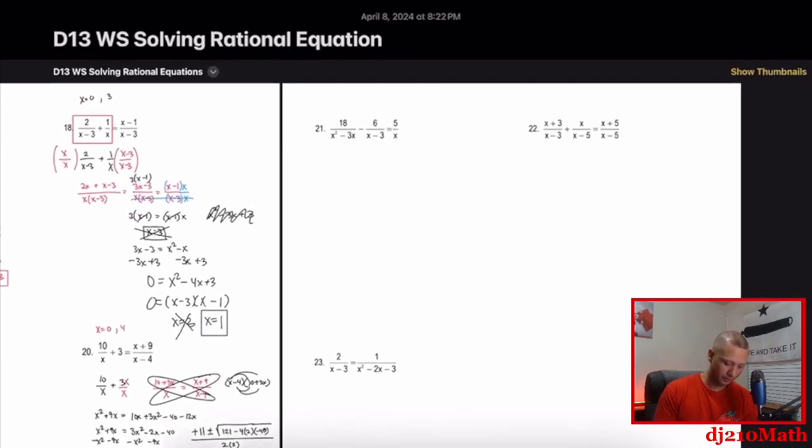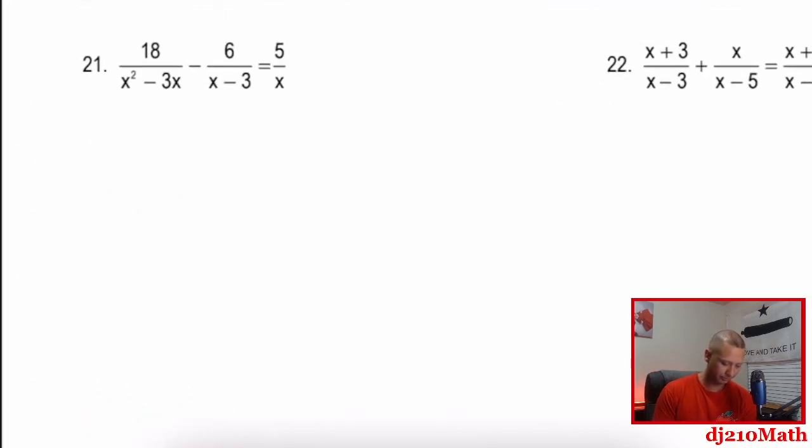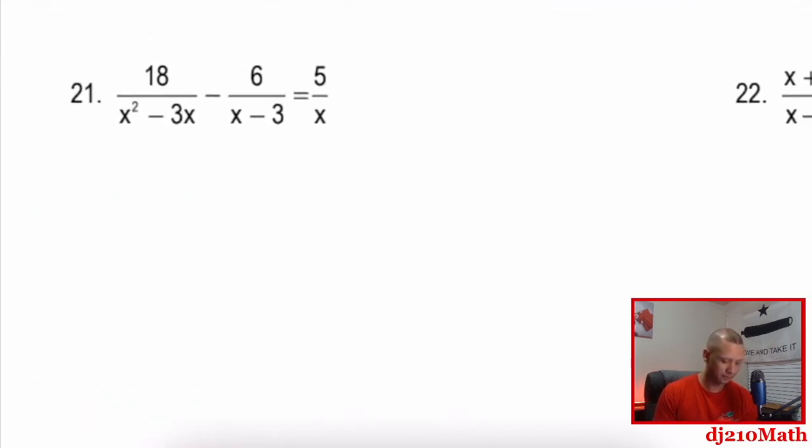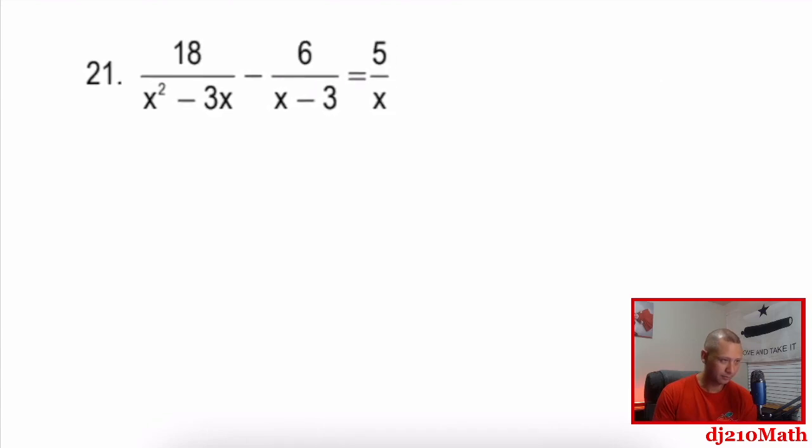Okay, we're almost done. 3 left. Let's finish strong. Okay. First thing I notice is I can pull out an x. X minus 3. Which is nice as far as common denominator, because I can put in an x top and bottom.